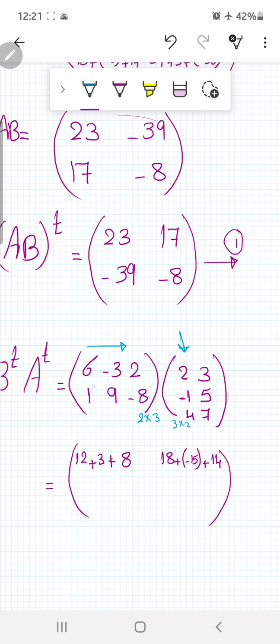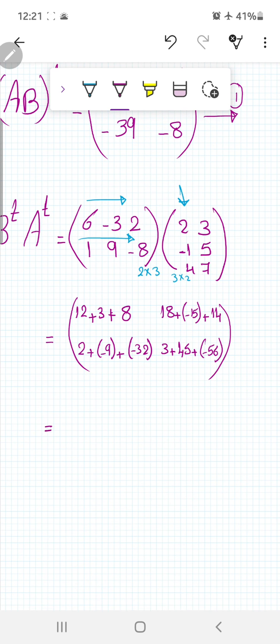We finished the first row. The second row, 1 times 2, 2, plus 9 times negative 1, negative 9, plus negative 8 times 4, negative 32. The second column, 1 times 3, 3, plus 9 times 5, 45, plus negative 8 times 7, negative 56. And get the results. We have here 23, 17, negative 39, and negative 8.